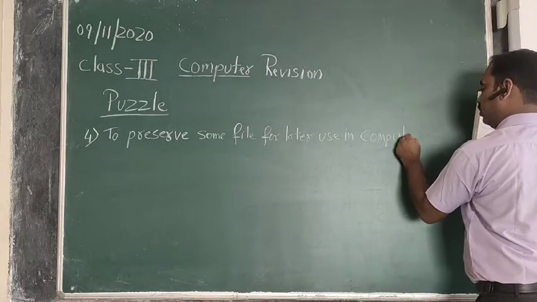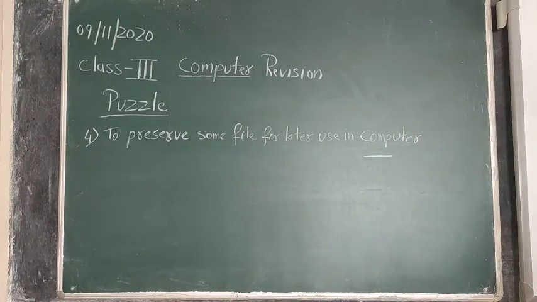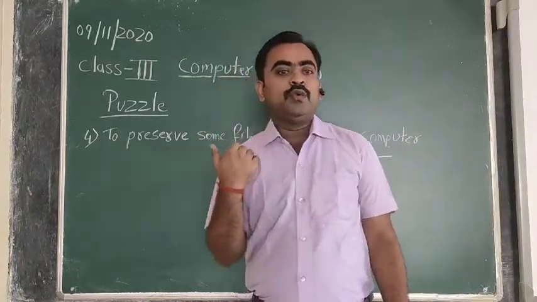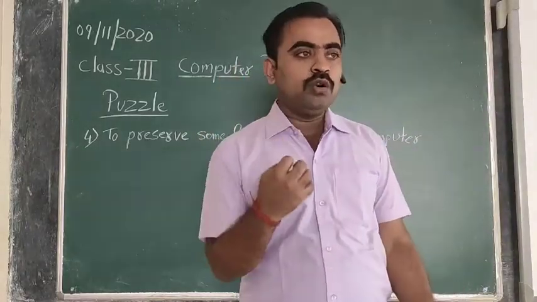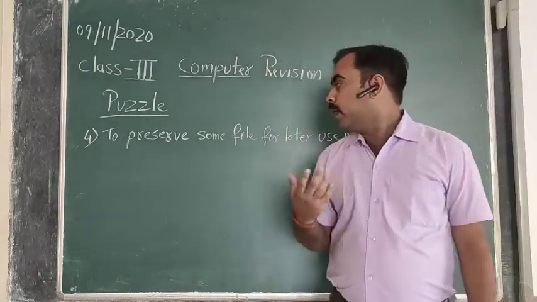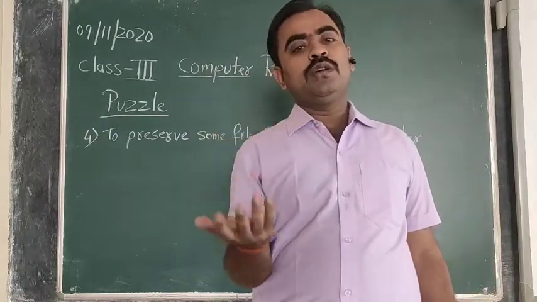Later use in computer. So the correct answer to preserve some file for later use in computer is that you want to store the file, or keep that particular file or document which you have created in the computer itself, which can be used in the future also.